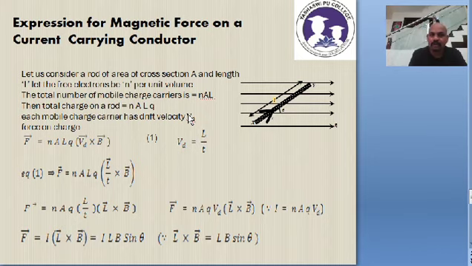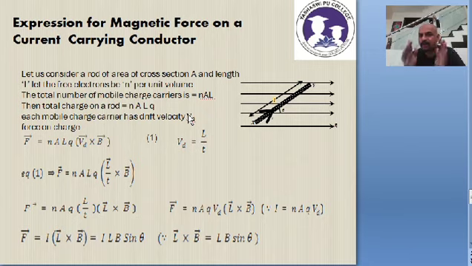Next, the total number of mobile charge carriers, that is the total number of conduction electrons, is equal to nAL, because A is the cross sectional area, L is the length, AL represents the volume, and n represents the number of electrons per unit volume.